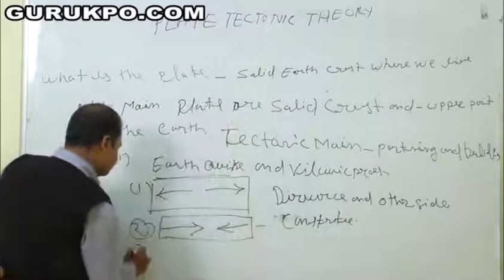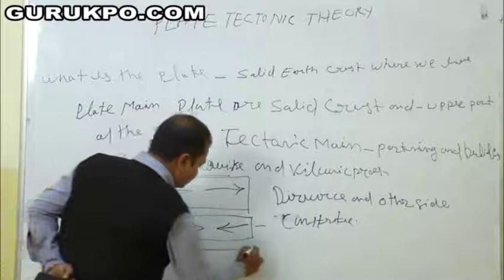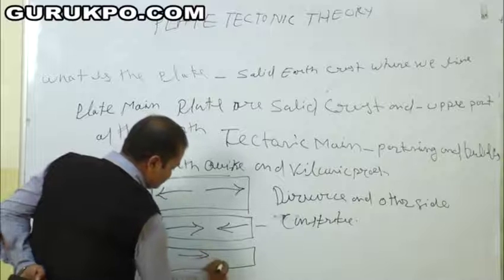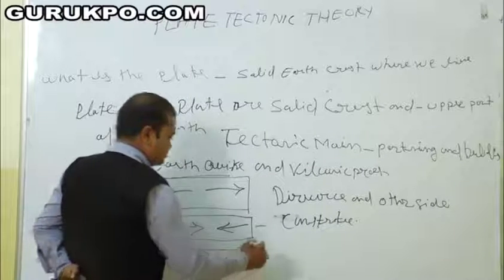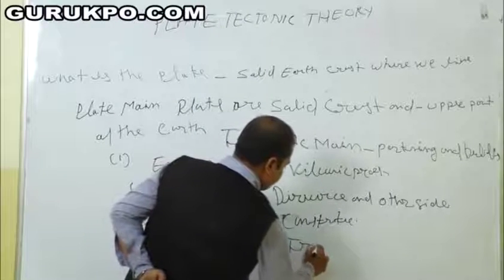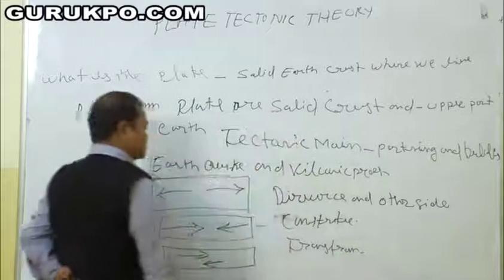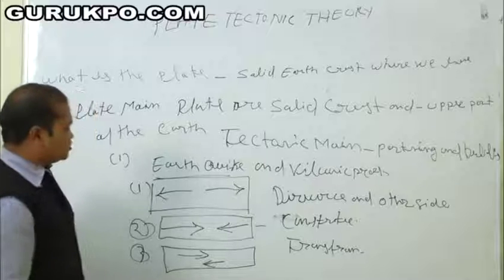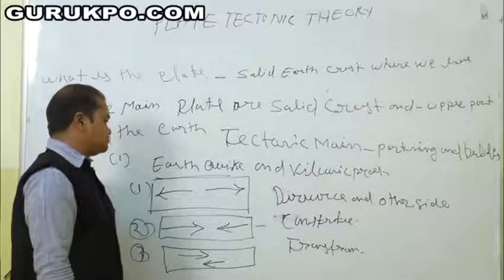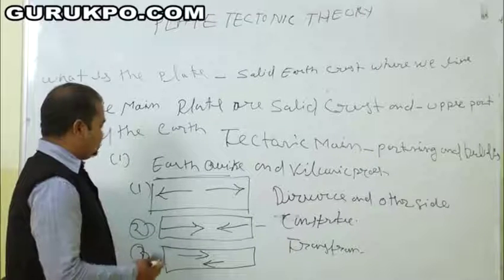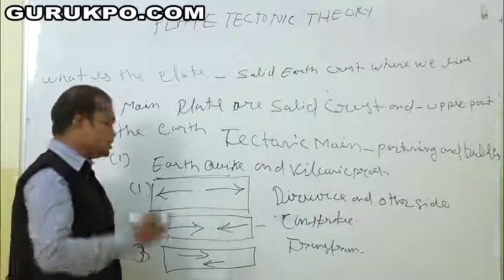And third one is conservative, like a transform. And mostly the earth surface is diverse, plates which will move to another side. That is why some features are generated.